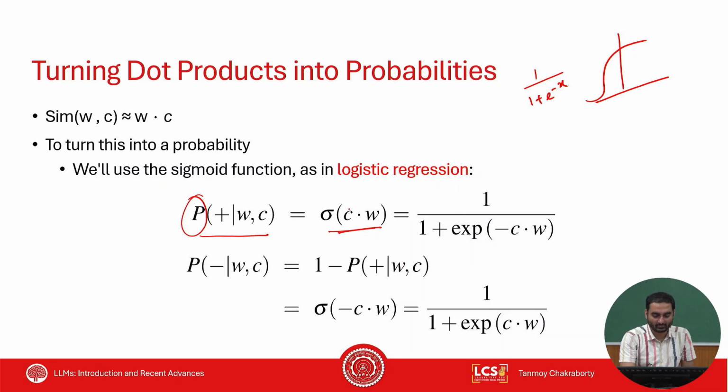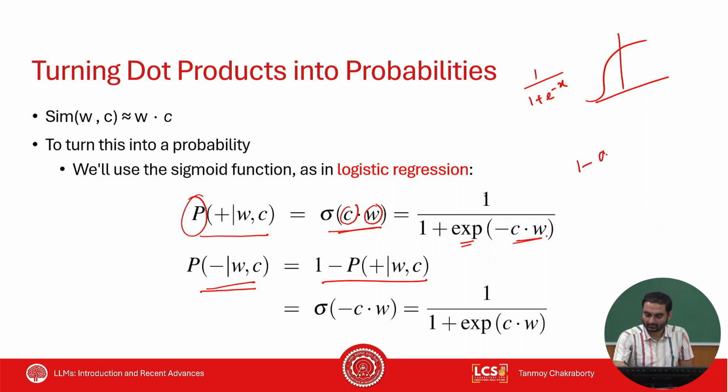So sigmoid of C and W, remember C is an embedding vector and W is also a vector, is computed by 1 over 1 plus e to the power minus C times W. This is a dot product. And how do you compute the negative one? 1 minus positive.